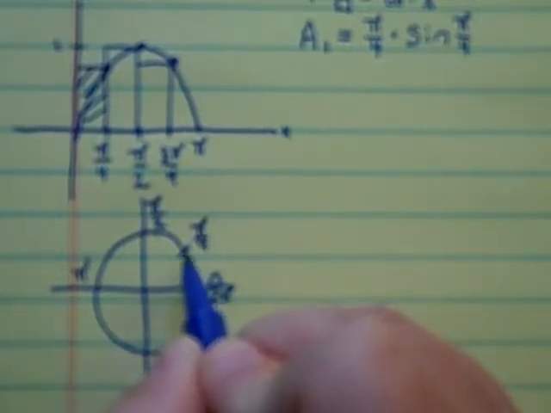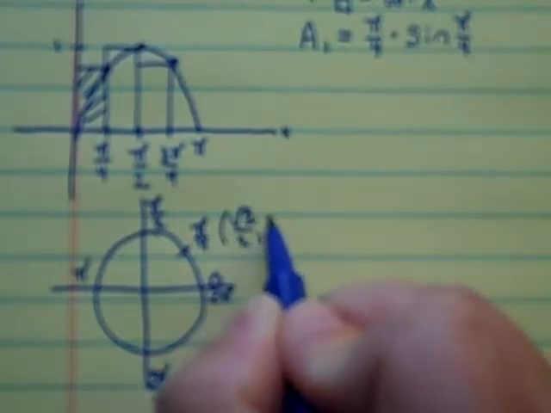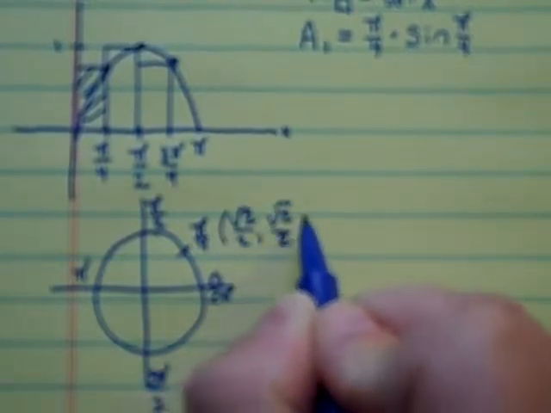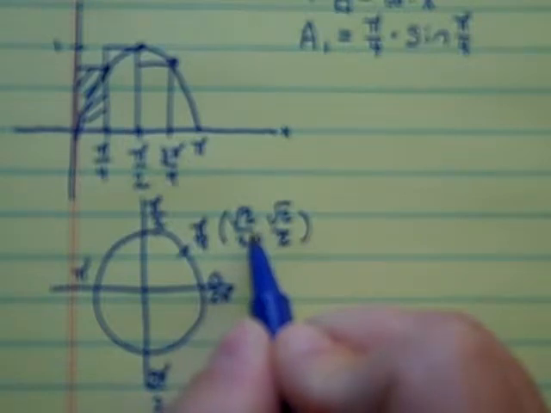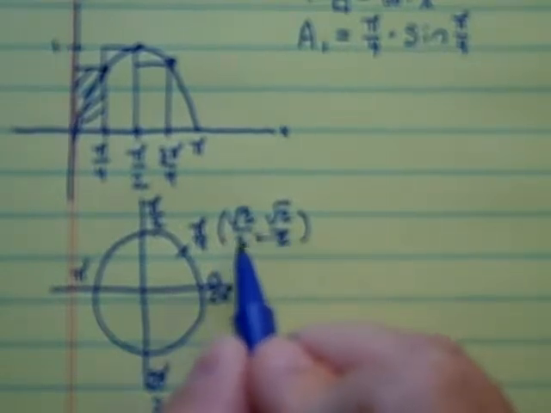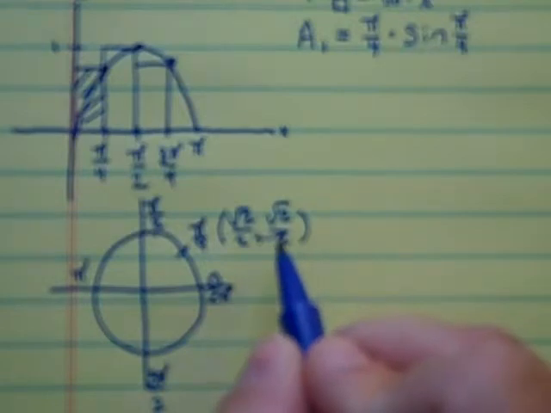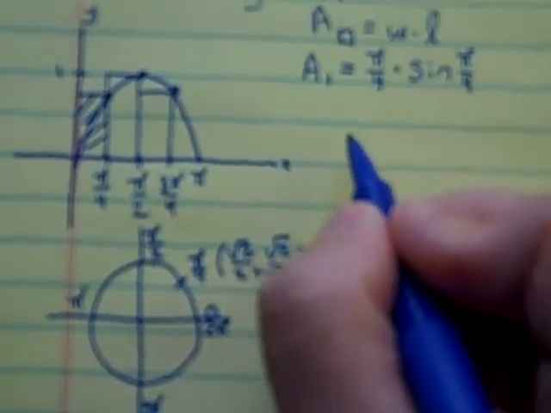The coordinates for pi over 4 are square root 2 over 2, comma, square root 2 over 2. If you want to know how to get those coordinates, we'll probably go over that in class, but those are just special right triangles. And if you'll recall, the first coordinate is the cosine value, the second coordinate is the sine value. So, sine of pi over 4 is the same thing as square root 2 over 2.